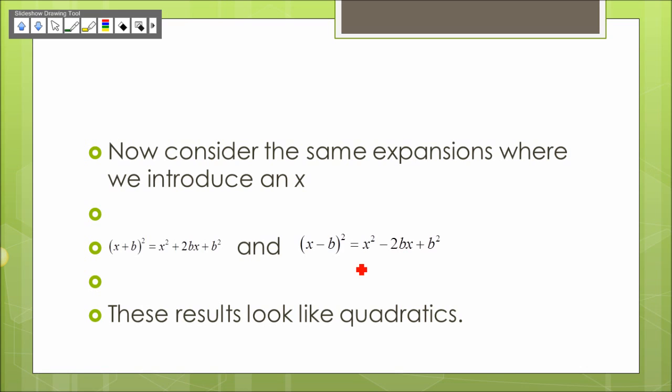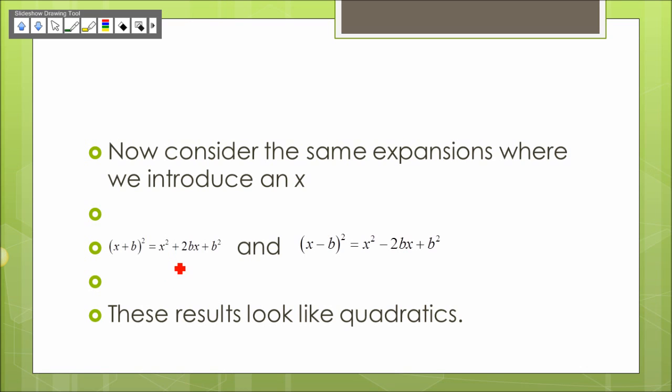And same here, when we substitute the x in, we get our x squared term. We have 2b, which is just a coefficient of x, and then b squared is our constant term at the end. Now, once we put in that x, like I said, these results look a lot more like quadratics.